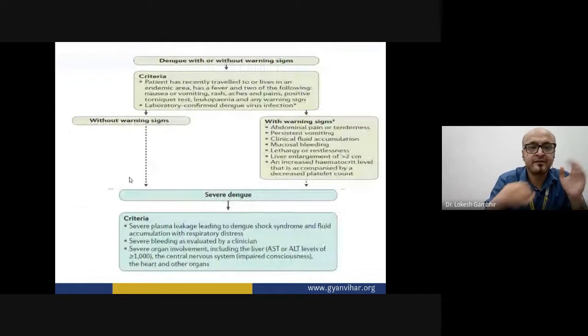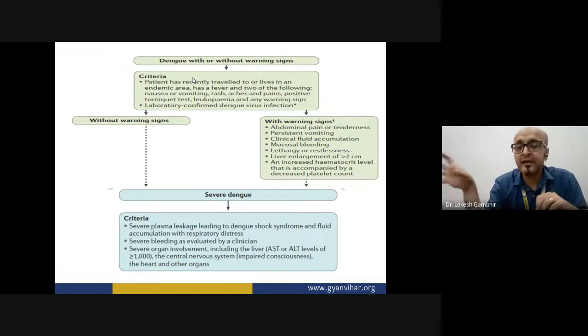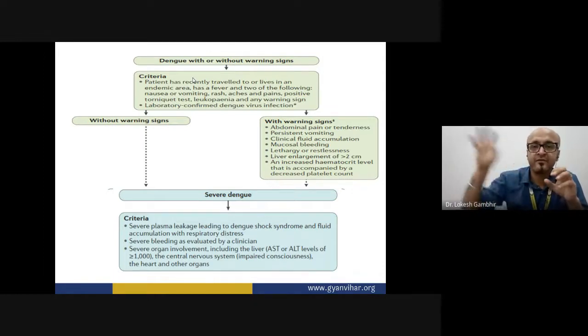Let us see. They give us clear-cut warning signs, based on the criteria: if the patient has traveled recently to a certain area where dengue virus cases are very high, where dengue is endemic, then the chances that he was bitten by Aedes aegypti and has acquired the dengue virus are very high.